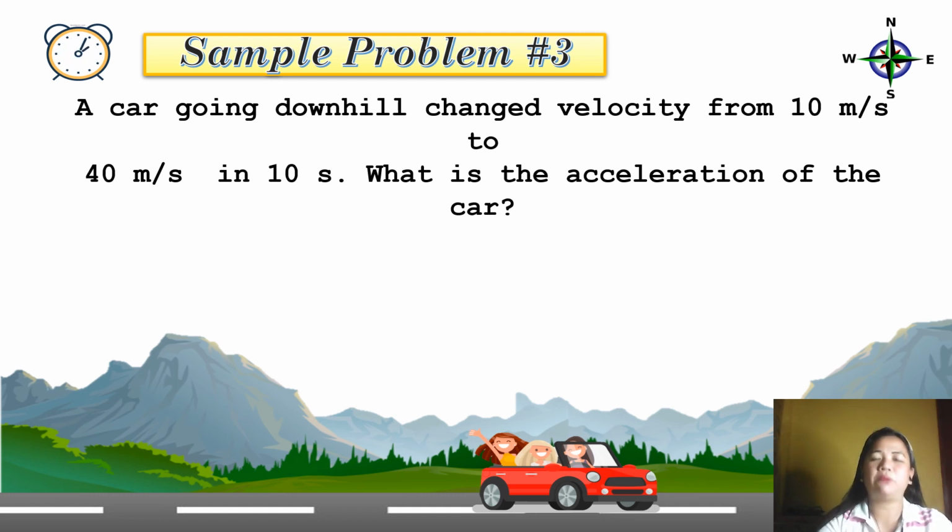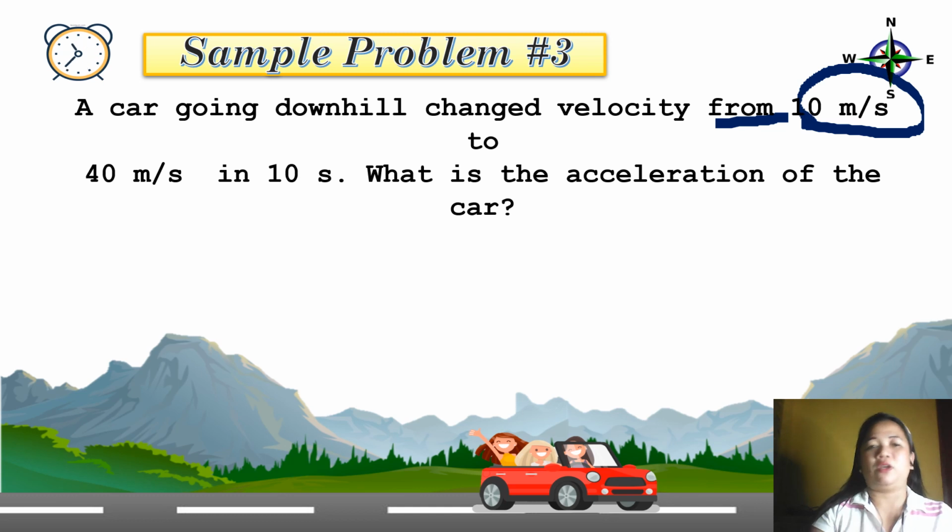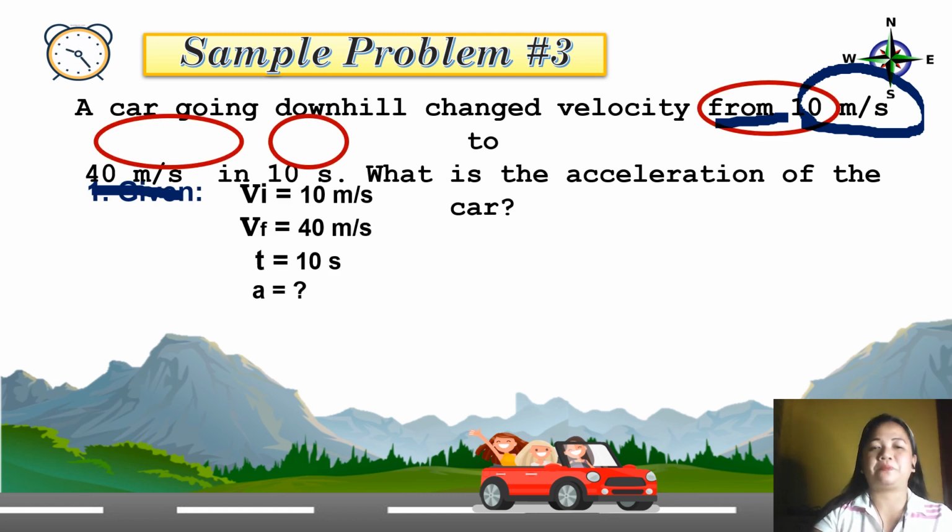For example, problem number 3. A car going downhill changed velocity from 10 meter per second to 40 meter per second in 10 seconds. Here, after the word from is your initial velocity. The word to will be your final velocity. So what will be the acceleration?